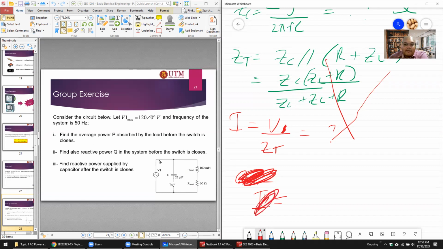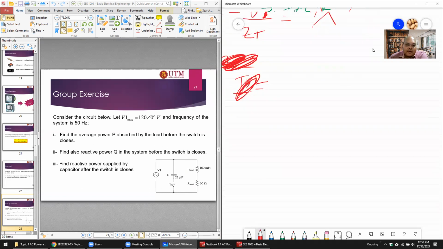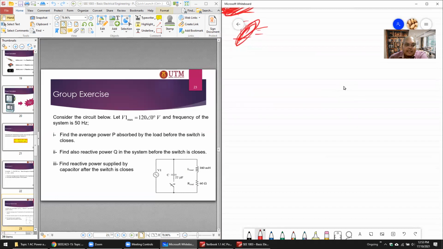But if the question asks you to find the power supplied by the capacitor only, it is much easier because it is in parallel. So you have to find I equal to V1 divided by ZC.